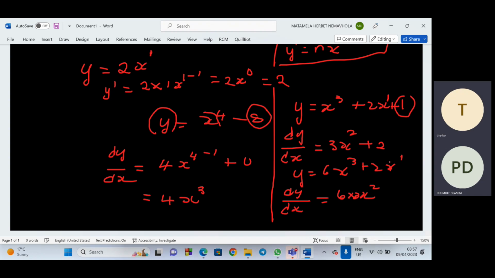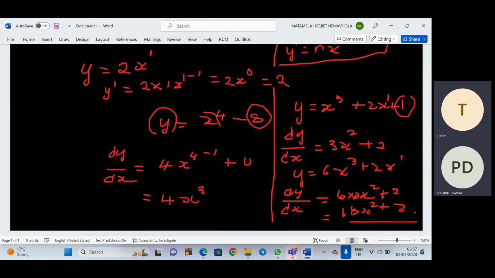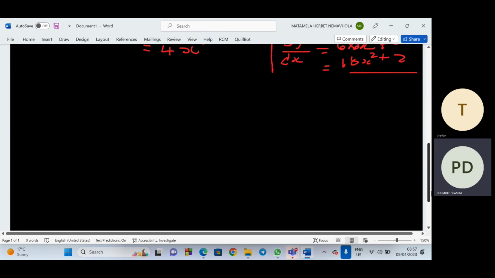Then here there is a 1, so 2 times 1 is 2. So 6 times 3 is 18, x squared, plus 2. So when we differentiate this equation, we get this. This is how we work when we are working with differentiation.